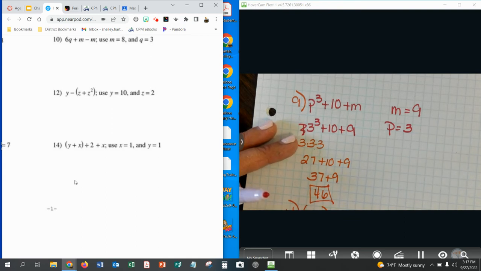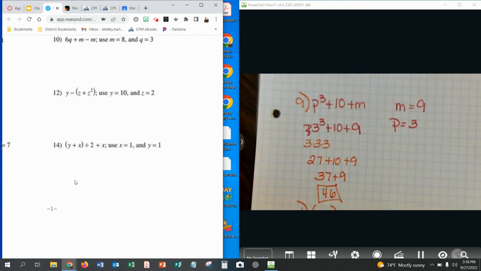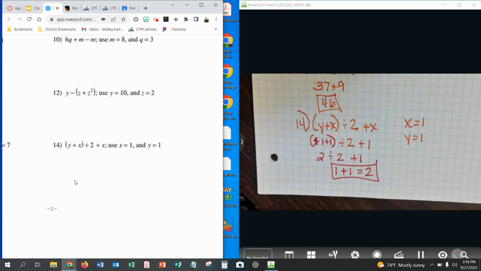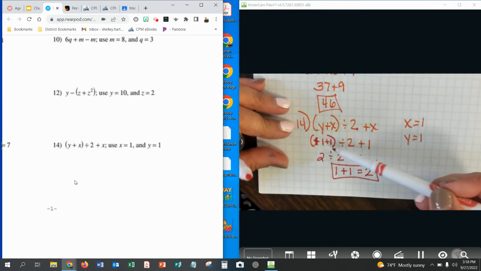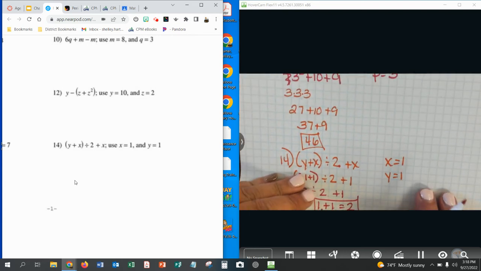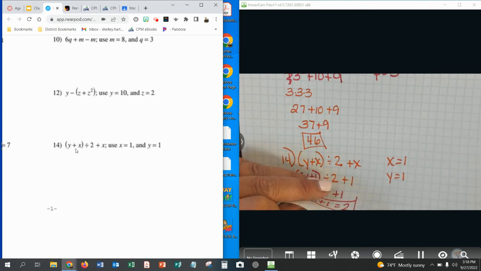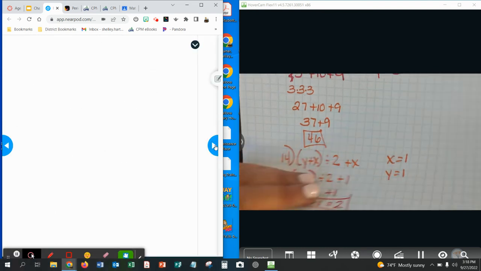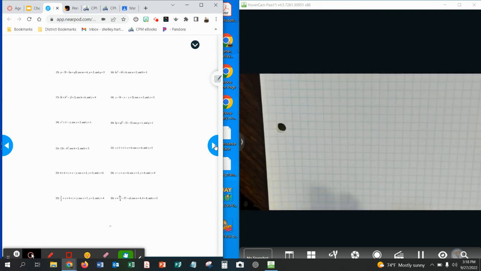So 2 divided by 2 plus 1 is 1 plus 1 equals 2. I plugged in 1 for 1, added it up, divided by 2, and added 1. 2 divided by 2 is 1, plus 1 equals 2. So let's go to the next page. How do you get to the next page, you might ask? You click over. These go really fast just because we're just plugging in the numbers that they've given us.